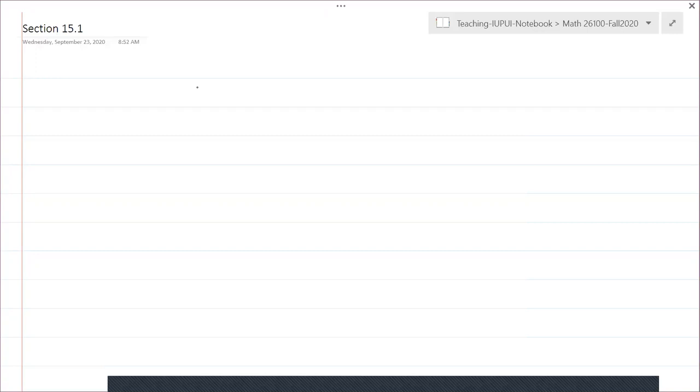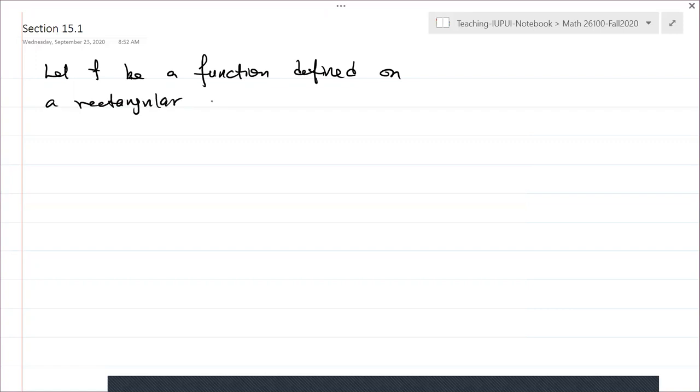Now let f be a function. I do not assume it's continuous at this moment. Let f be a function defined on a rectangular domain.